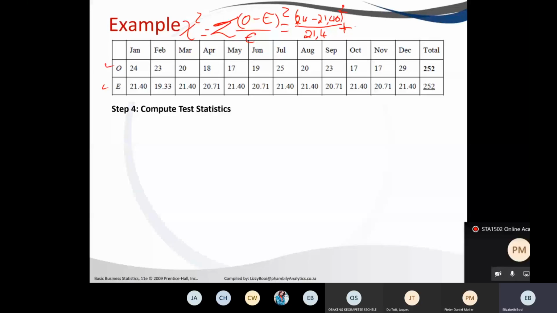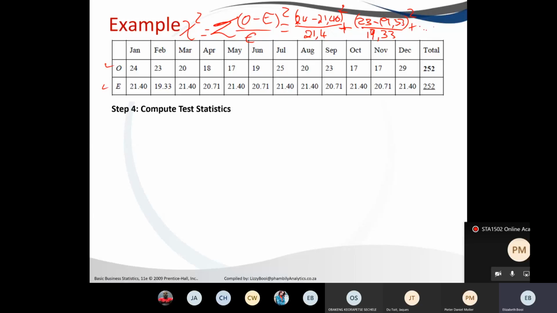Then you're going to say 23 minus 19.33. You square the answer, divide by 19.33, plus, and you do all of them. 20 minus 21.40 squared, divided by 21.40.